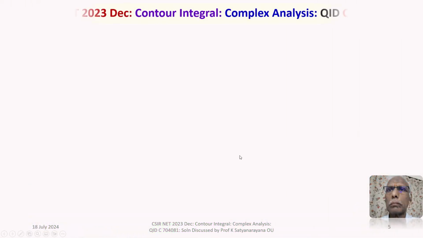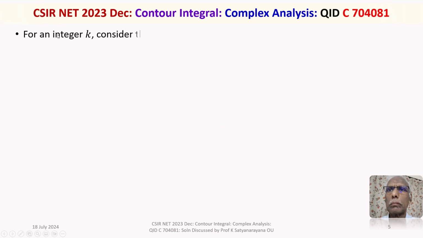The given question is: for an integer k, consider the contour integral I_k equal to the integral taken round the unit circle |z| = 1 of the function e^z by z^k with respect to z.